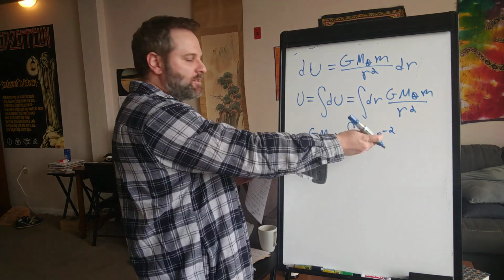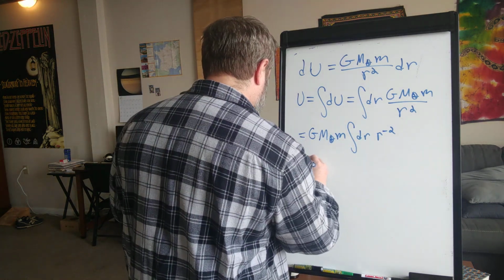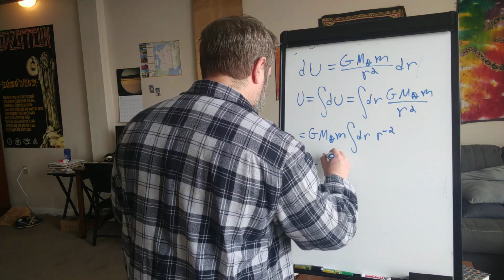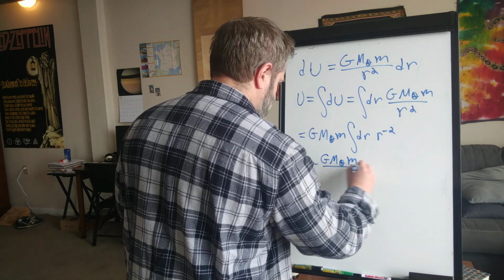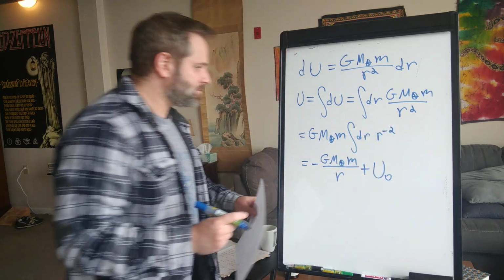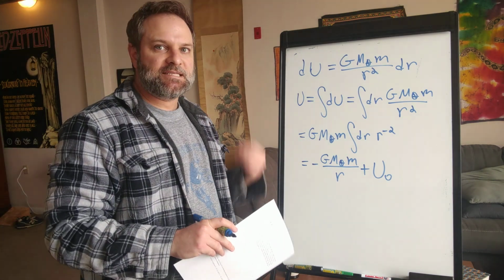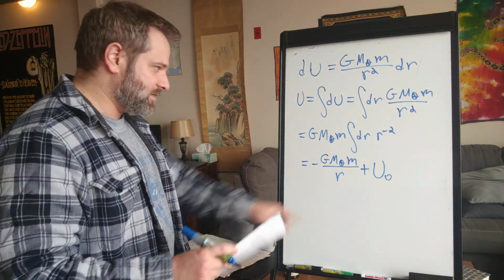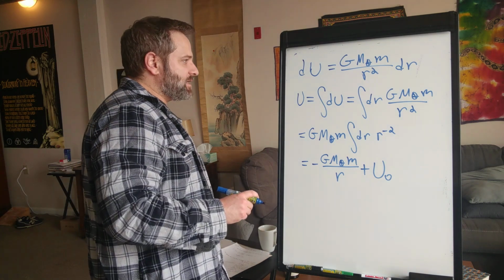Okay, so we add 1 to the exponent, divide by the new exponent. So negative GMm over r plus U naught. Okay, this U naught comes from us doing an indefinite integral. Okay, and this is going to play an important role, which I'll talk about in just a second.